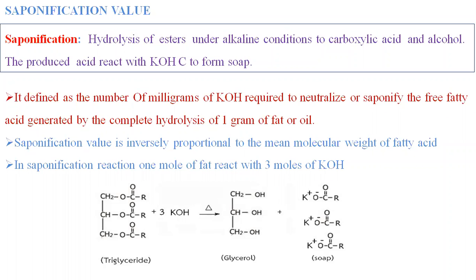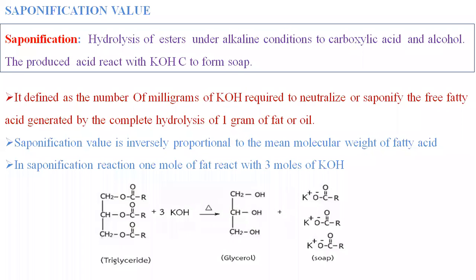So when this fat undergoes hydrolysis under alkaline conditions, in the presence of KOH or NaOH, a complete hydrolysis, it will produce a fatty acid, which is a carboxylic acid, and alcohol. The produced acid then reacts with the KOH to form a soap.